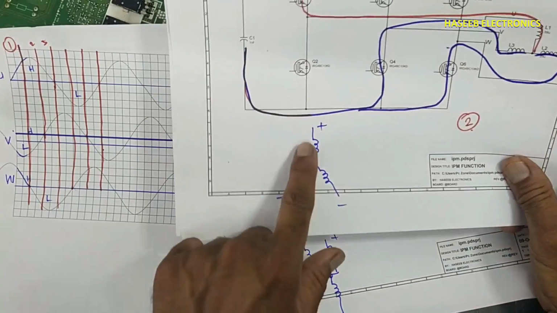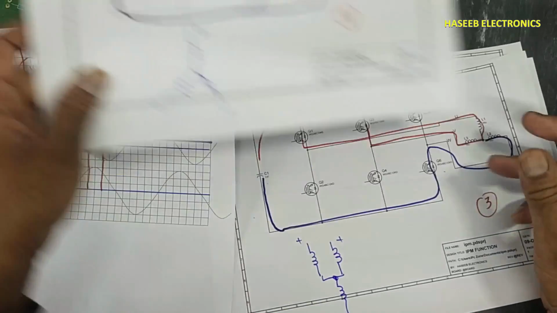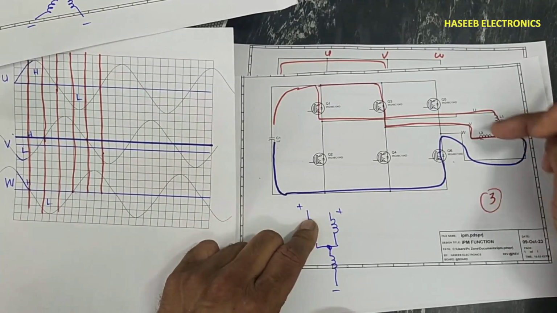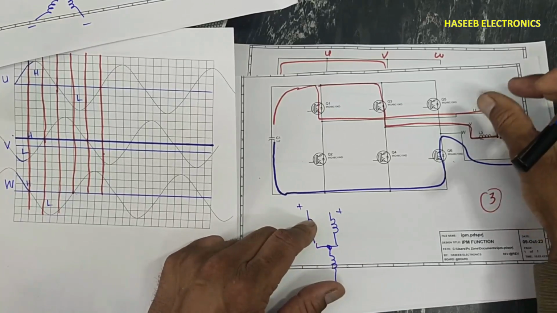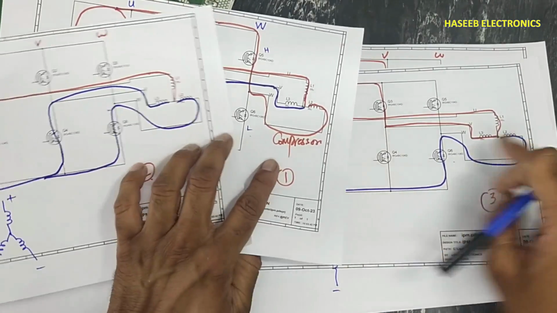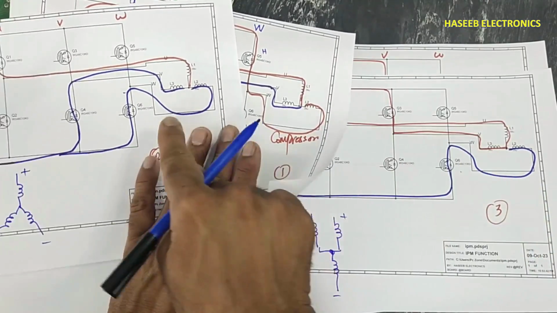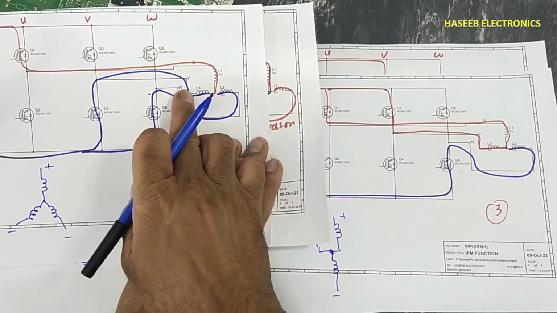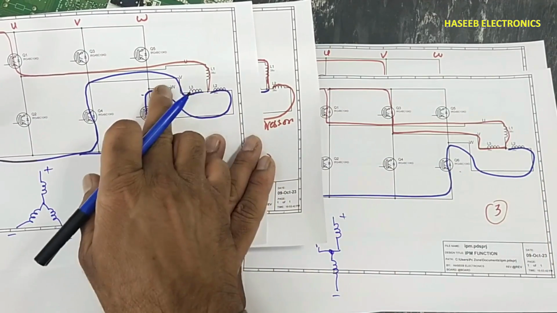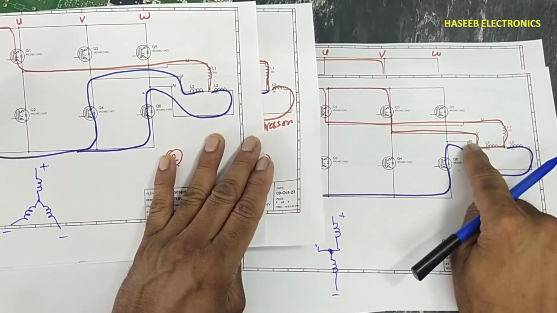Here one winding is receiving positive voltage, two windings are providing the return path, and here the other two windings, this one and this one, will receive positive voltage, this will provide the return path. Before this, the return path was from here. In the next step, return path from here and here, but now the return path is disconnected from here and connected to this winding, and now this winding has positive voltage.